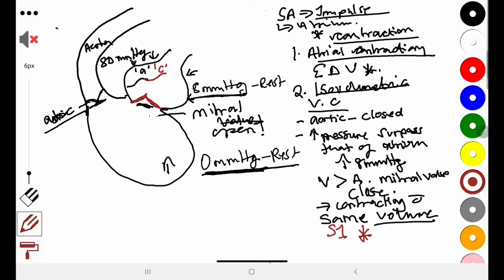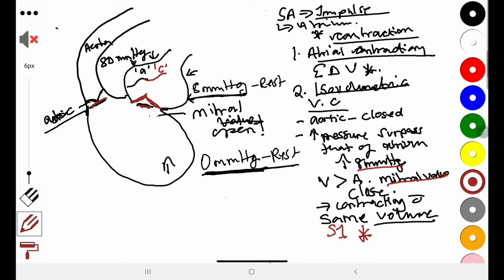So again, let us go through what is happening here. At this point, the ventricle is contracting with both of the valves closed. The pressure has exceeded 8 millimeters of mercury, and that is why we have the valve closing, but it is not yet more than 80.